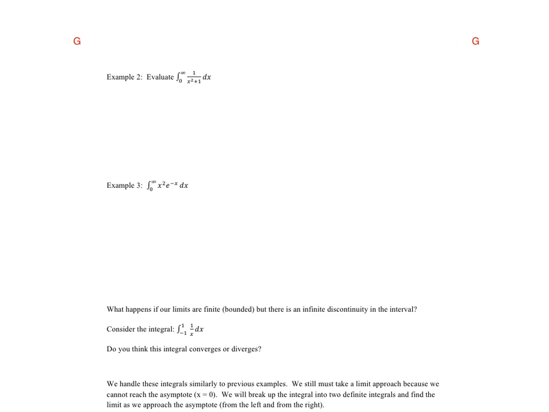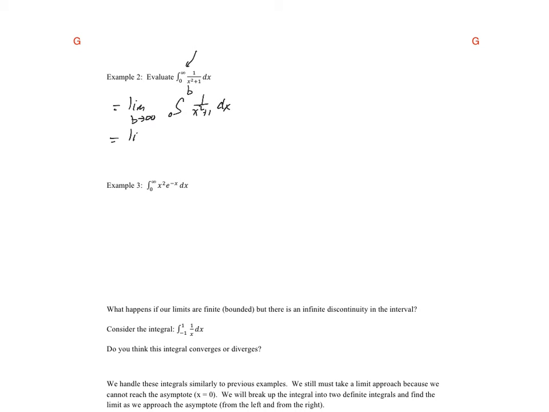All right, let's do example 1 here. So you can see we have an infinite limit, which makes it an improper integral. So we're going to take the limit as b, they usually use b for the upper limit, from 0 to b of 1 over x squared plus 1 dx.